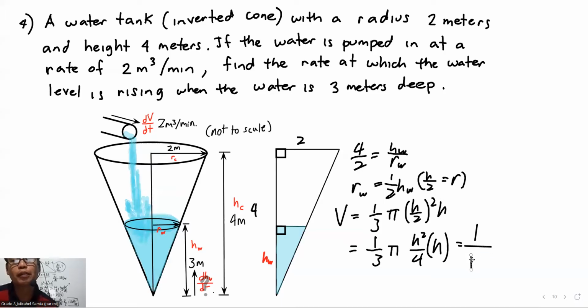One over 12. Okay. Pi over 12. So, differentiating.